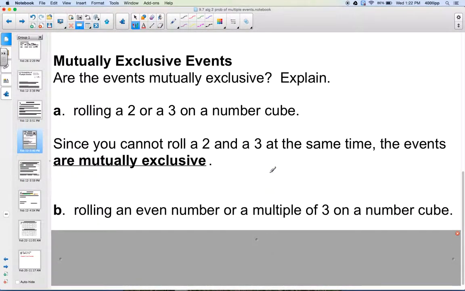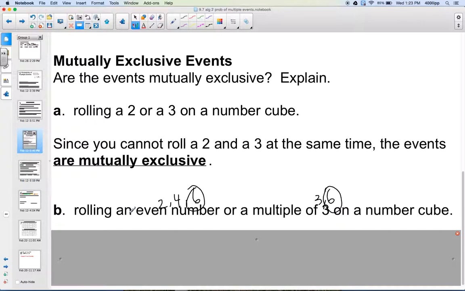Here's another one here, rolling an even number or a multiple of 3 on a number cube. So we need to ask ourselves, can this happen at the same time? Well, the even numbers on a number cube are 2, 4, and 6. Multiples of 3 on a number cube are 3 and 6. So since we got a 6 for both of these, this means it can happen at the same time.